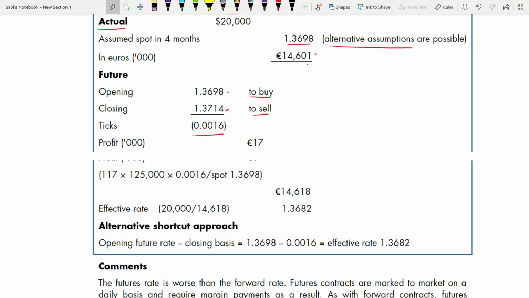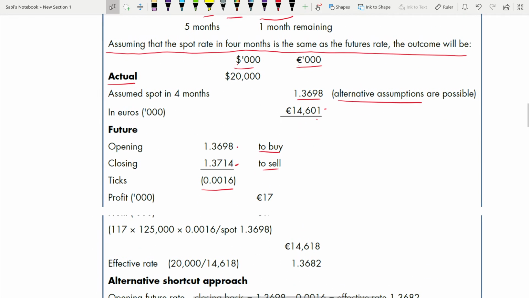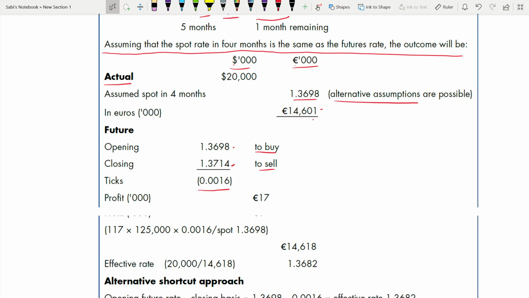Okay, how did they get profit as 17? It is quite confusing, right? Because they haven't shown you the method how it is 17.